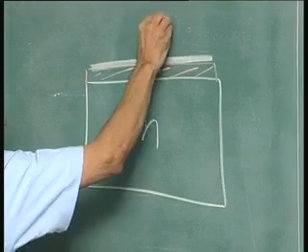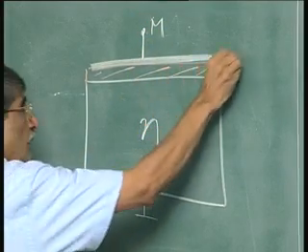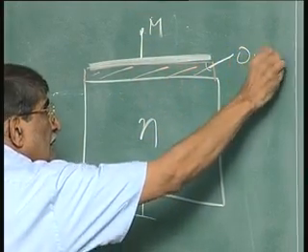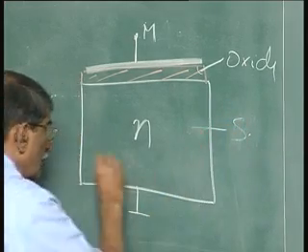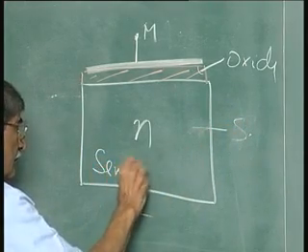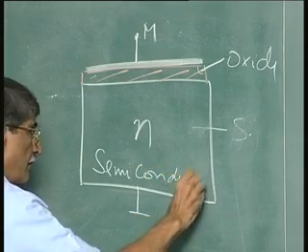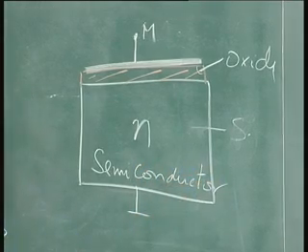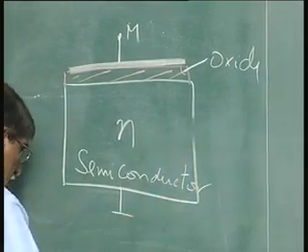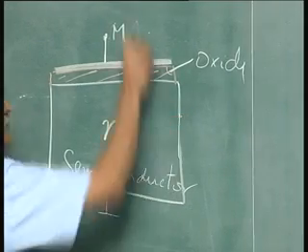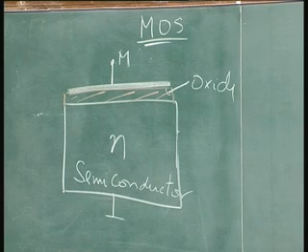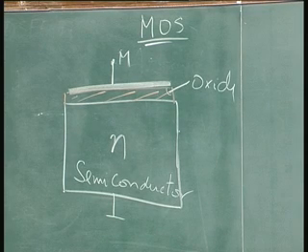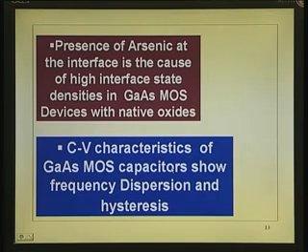So, metal, oxide, semiconductor. That is the MOS structure, MOS capacitor.